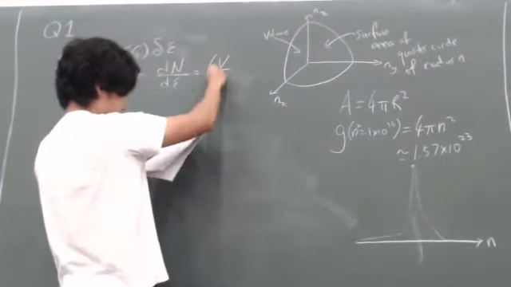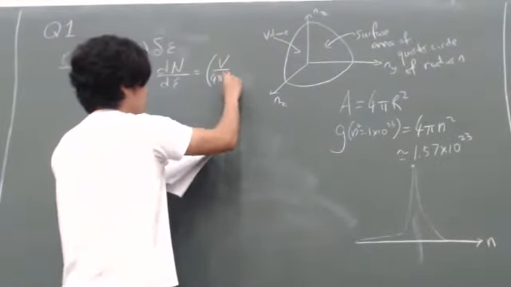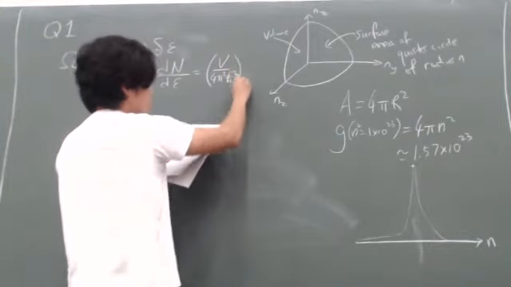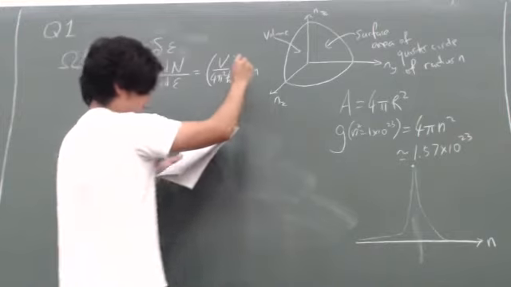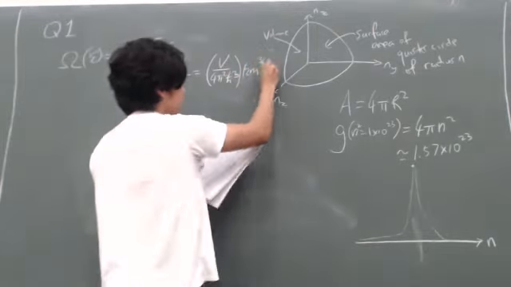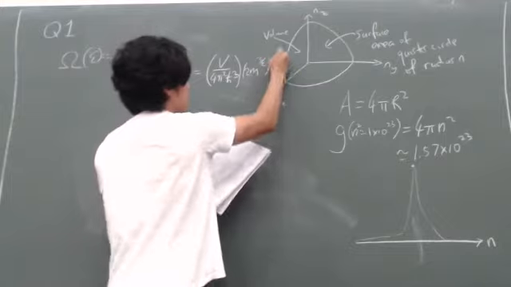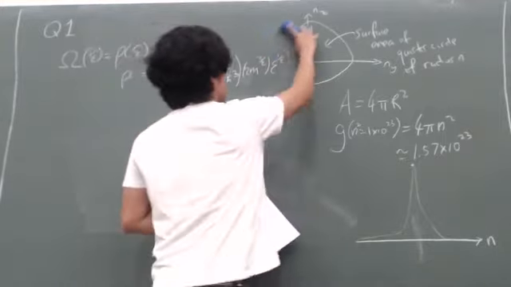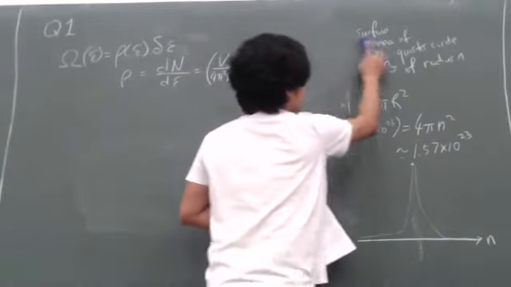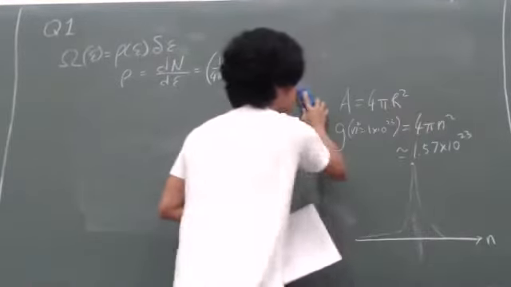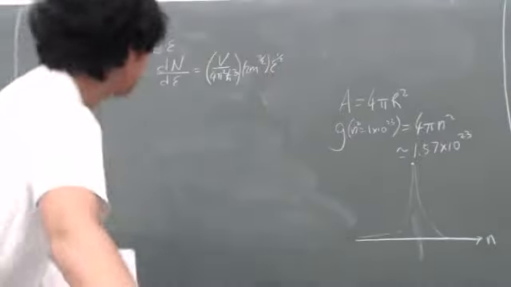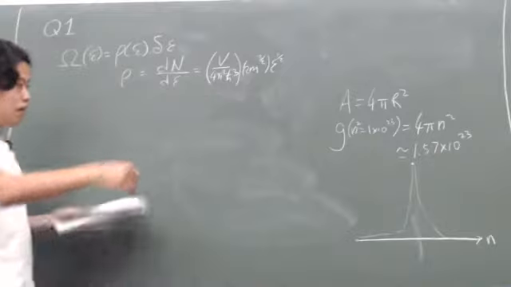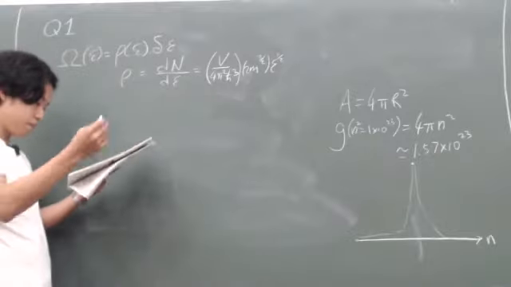V on 4 pi squared h bar cubed, 2m to the 3/2 times epsilon to the half. So basically, that just comes from integrating the volume and then differentiating it.